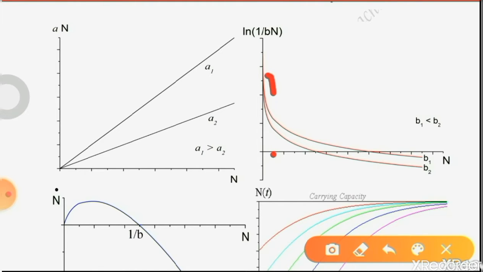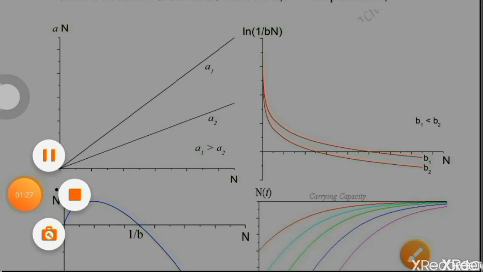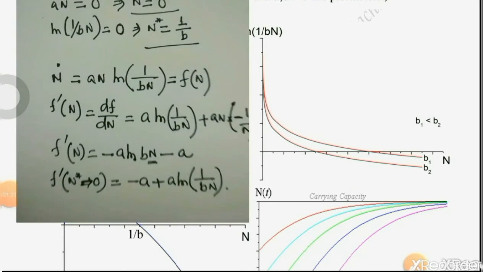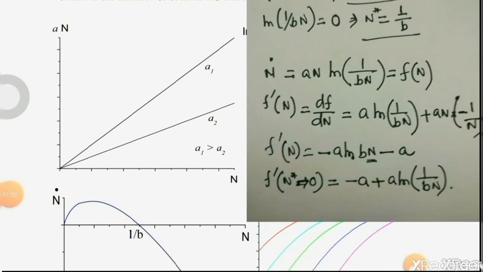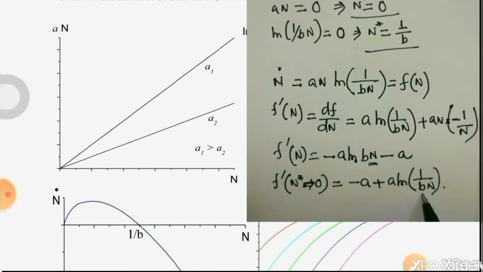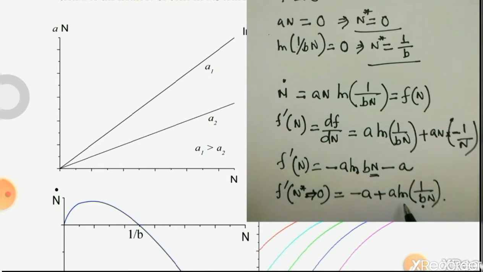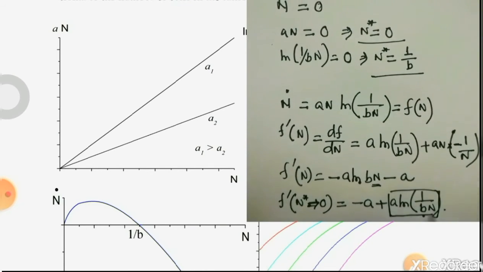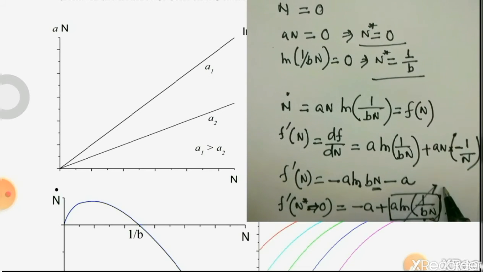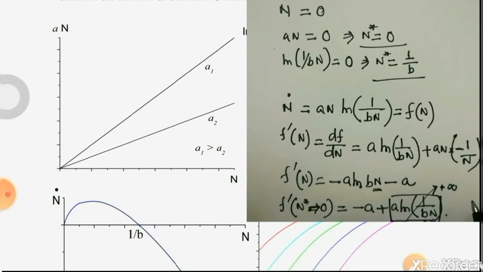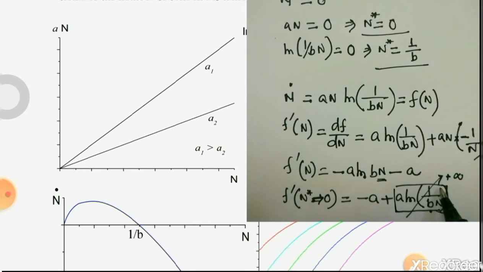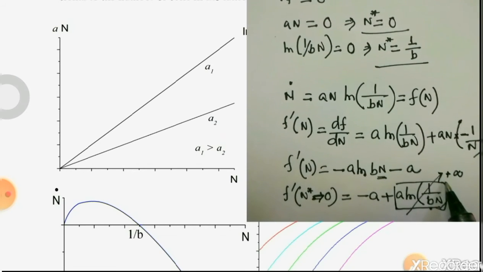Thus, when n tends to 0, this term tends to positive infinity.